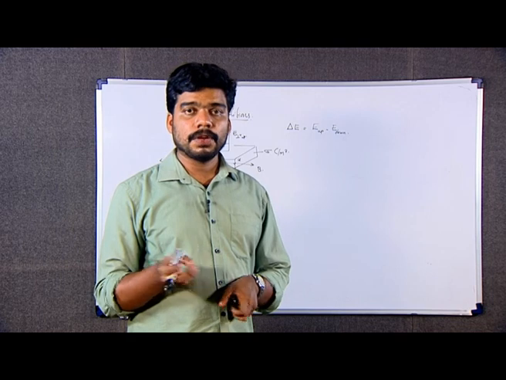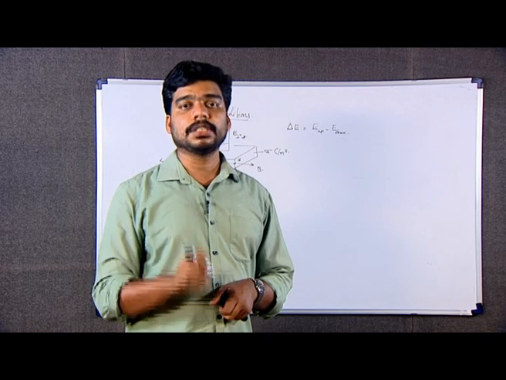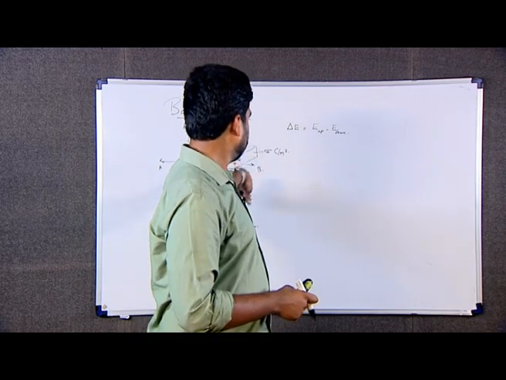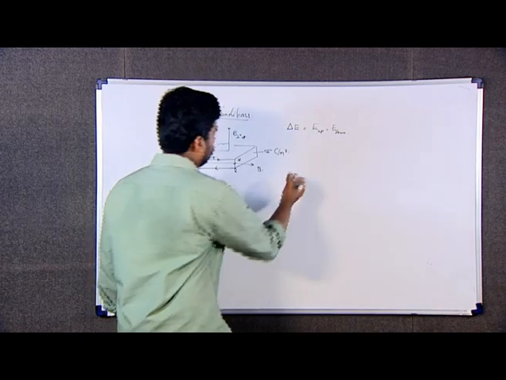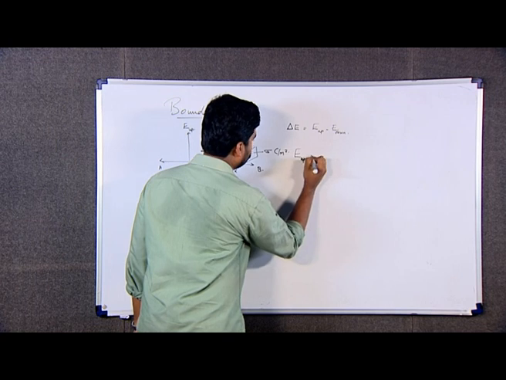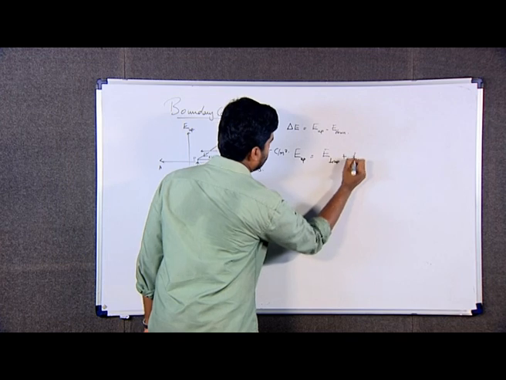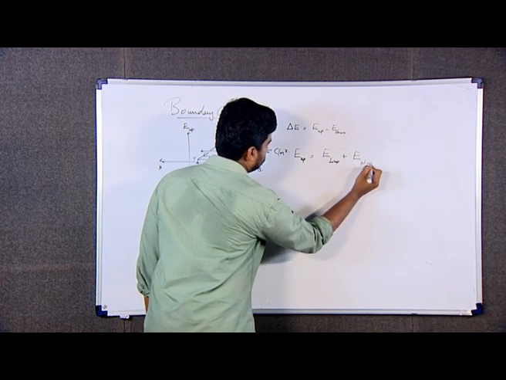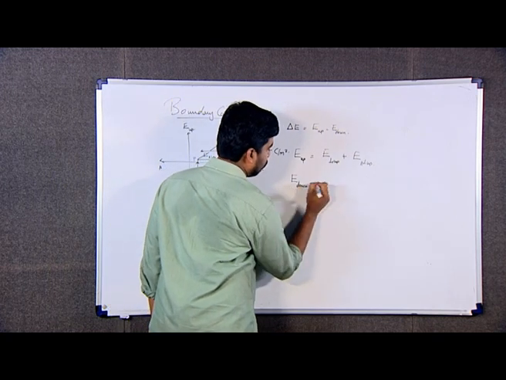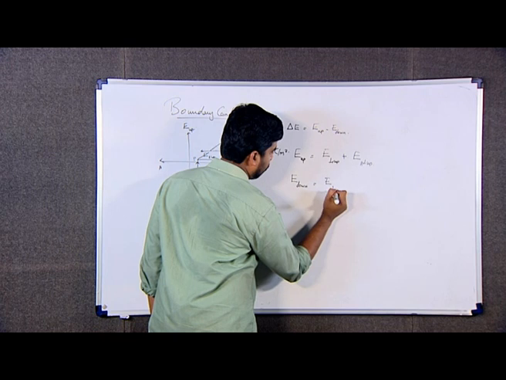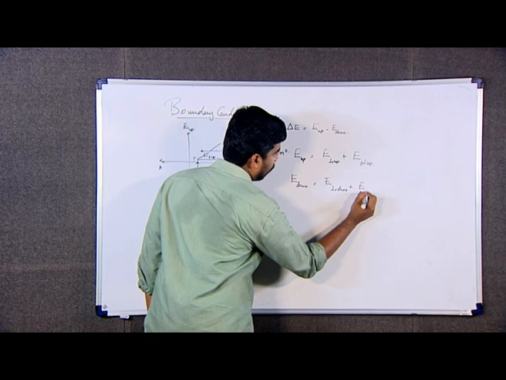So, we will check which of these components are continuous and which are discontinuous at this boundary or interface. I told you, E up can be split into E perpendicular up plus E parallel up. Similarly, E down is equal to E perpendicular down plus E parallel down.